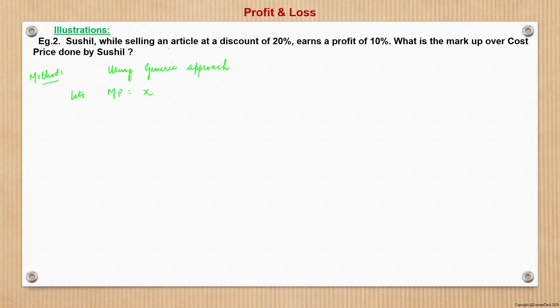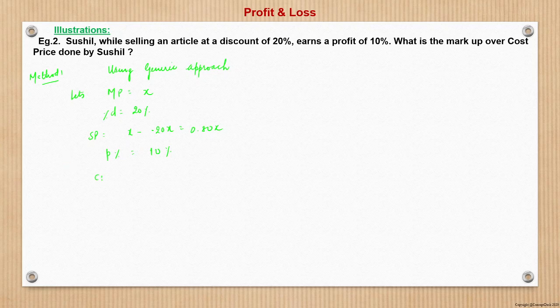Selling an article at a discount of 20%, so the percentage discount is 20%. What will the selling price be? Selling price will be X minus 20% of X, which is 0.80X, and it earns a profit of 10%. Here profit percentage is 10%, and profit percentage is over cost price, that we know.